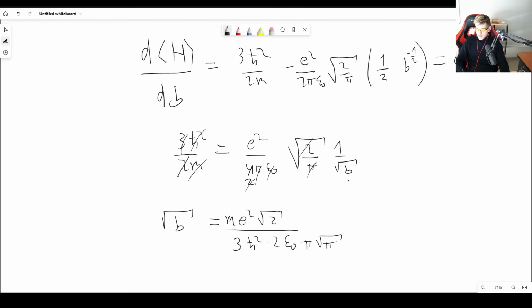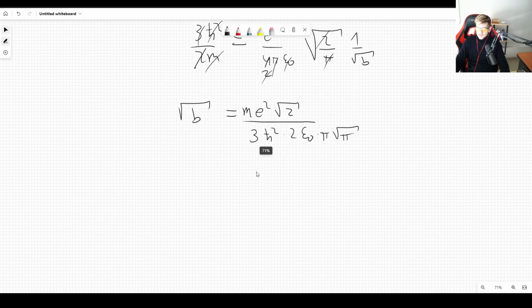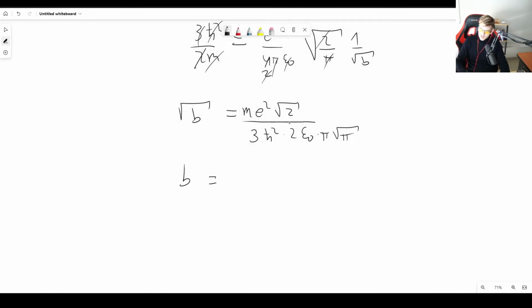Okay, we considered everything. So now we can see that b is going to be the square of this. So 2m squared e to the 4th divided by 3 squared, which is 9, h bar to the 4th times 4 epsilon 0 squared pi squared times pi, so pi cubed. And we can simplify this 4 with this 2, so we get 2 here. I guess we could write it as 18, but it's okay.